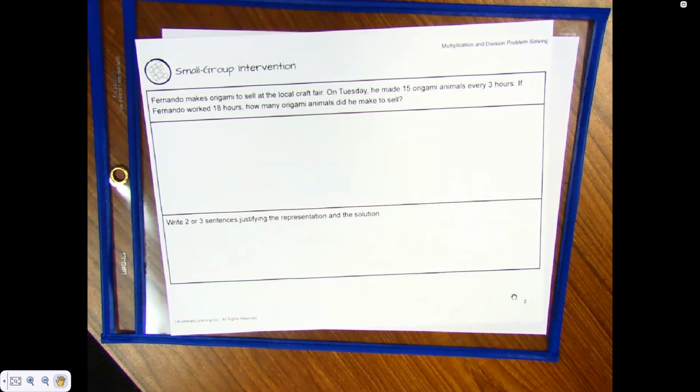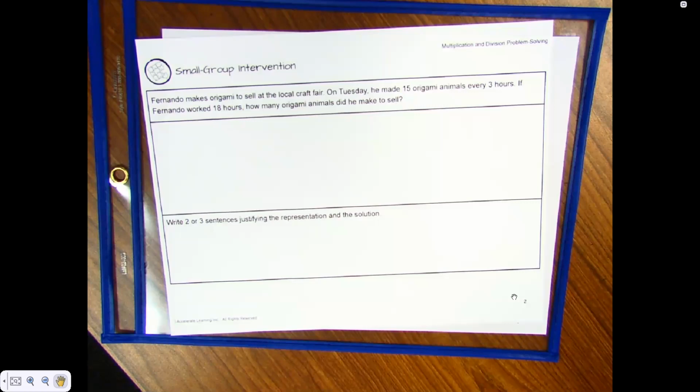Aiden, what do I have to do? You gotta read the equation. You have to read the word problem, right?